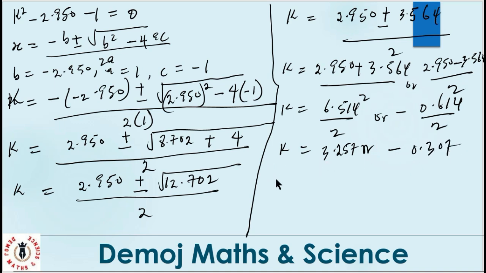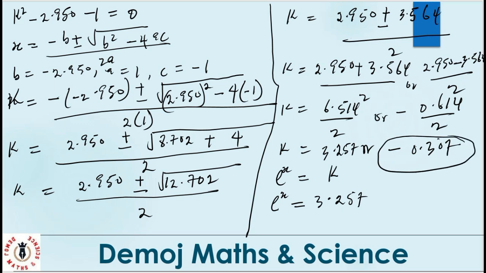Now remember, we took an assumption that e raised to power x is the same thing as k. Now, I'm not going to consider the negative value any longer because of the negative sign. So I'm leaving the minus 0.307 because it's not real.